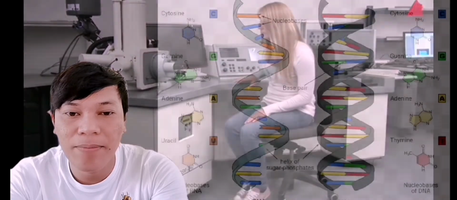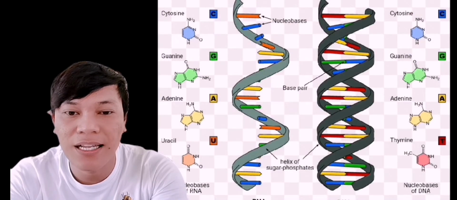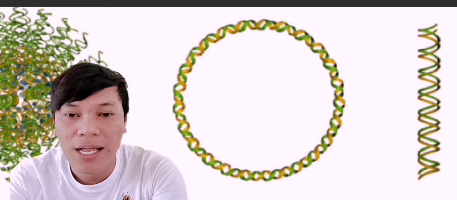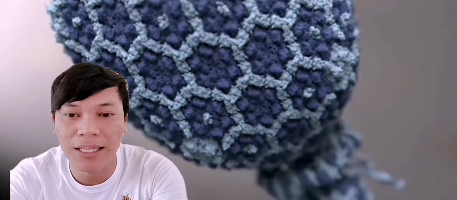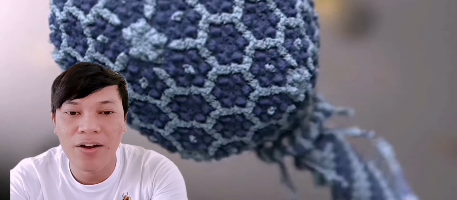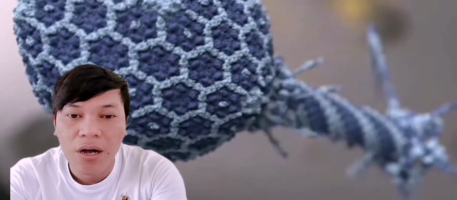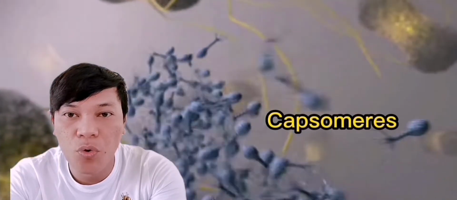The nucleic acid may be either double-stranded, single-stranded, circular, or linear. Morphologically, phages generally display a considerable degree of geometric symmetry. They generally have a head or capsid composed of identical protein subunits called capsomeres.